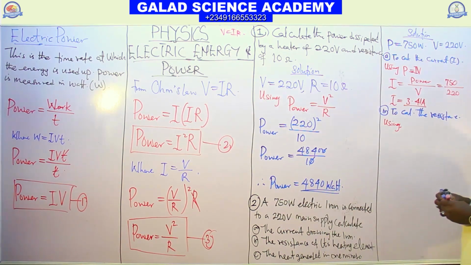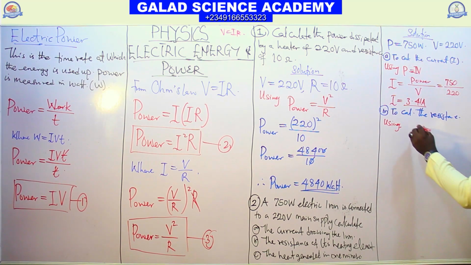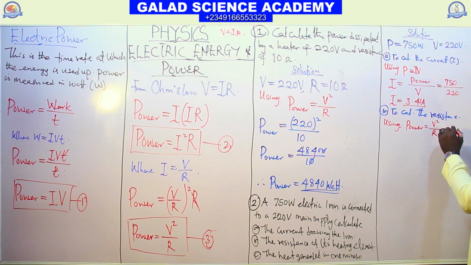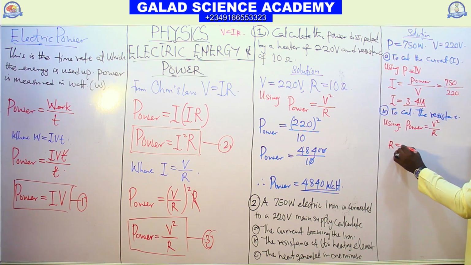Which one can we use? Let us use this formula: power equal to V square over R. So we have R equal to V square over power.